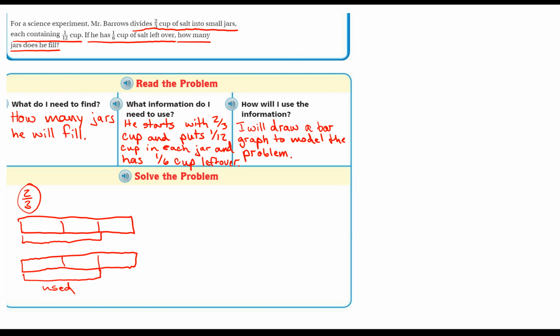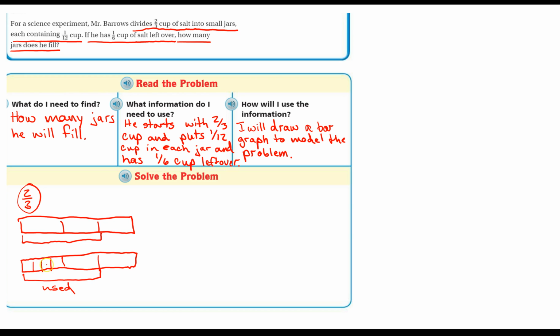Okay, now he broke this 2/3 into 12ths. So in order to get 12ths, if I have 3 parts and I want to get 12, I have to break each one of these parts into 4, because then it would be 4, 8, 12 parts. So to do that, I break each one in half and then in half again.